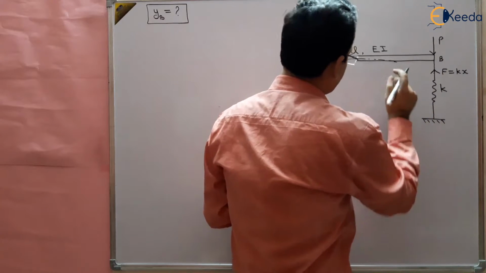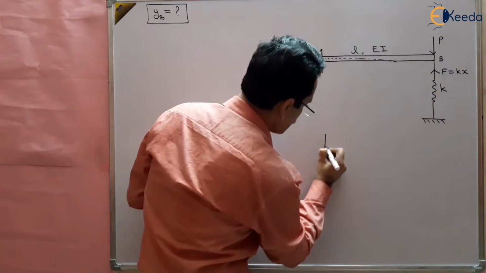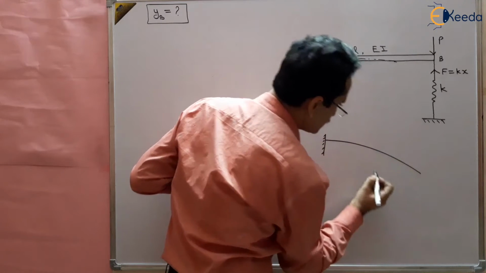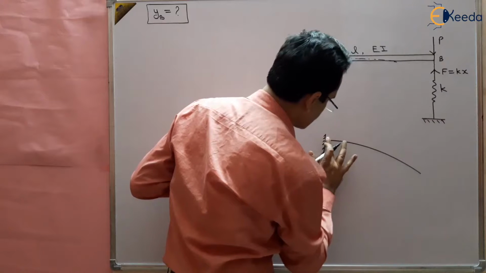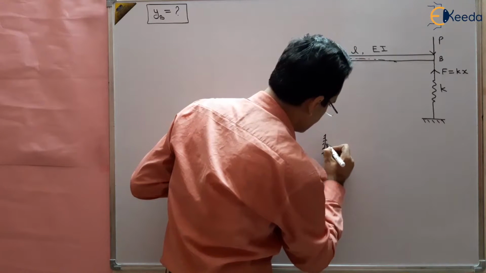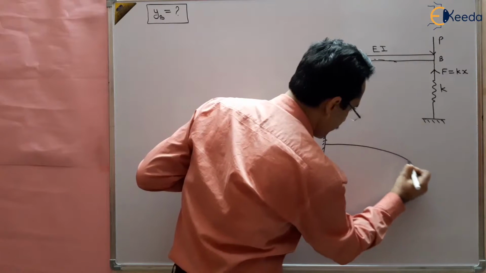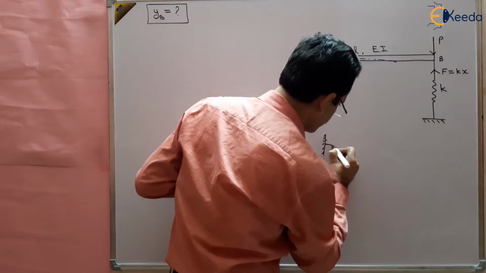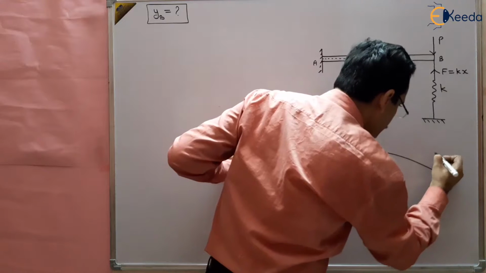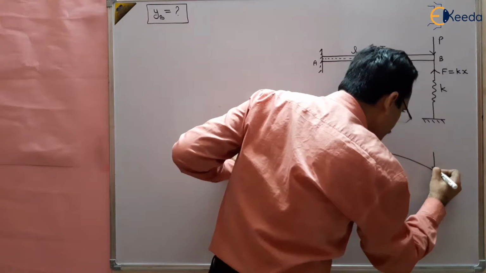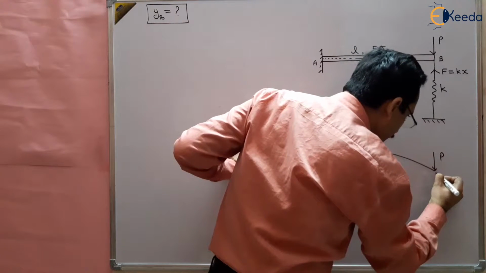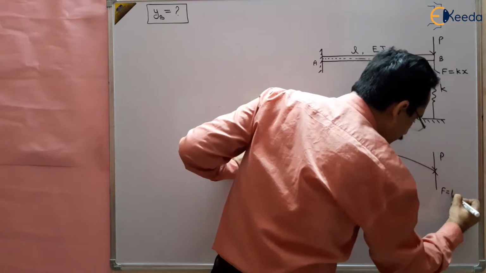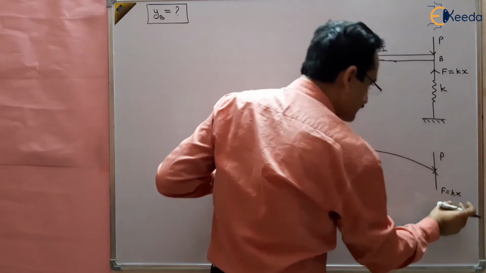So you will see that when the spring is compressed by some amount, it will be resisted by some force. So P is the applied load and Kx is the force resisted by this spring.